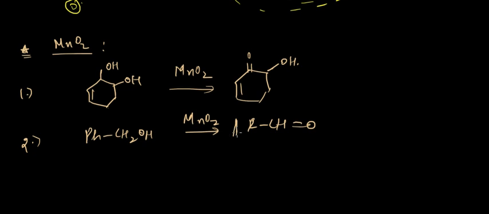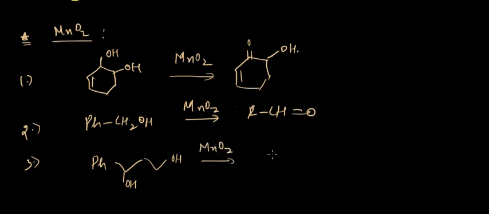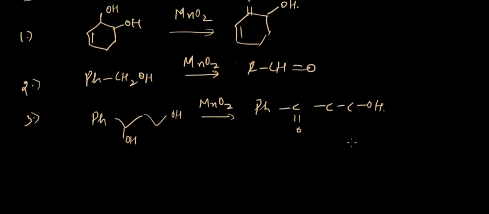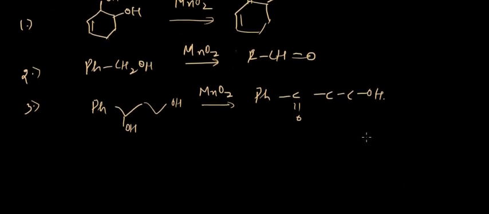If we have something like MnO2 here, again it would be getting oxidized here. MnO2 is a mild oxidizing agent and is used for oxidation of allyl and benzyl alcohol only.